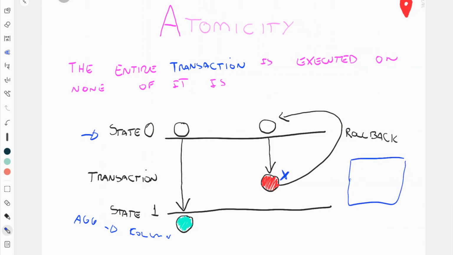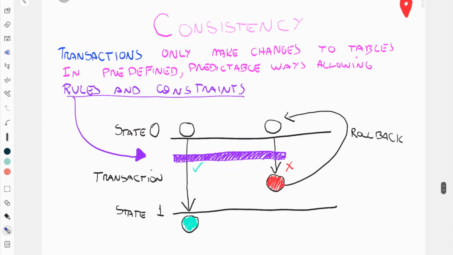The result isn't the half that worked. You either have no result, or you have the whole table transformed with this aggregation. So this is atomicity.